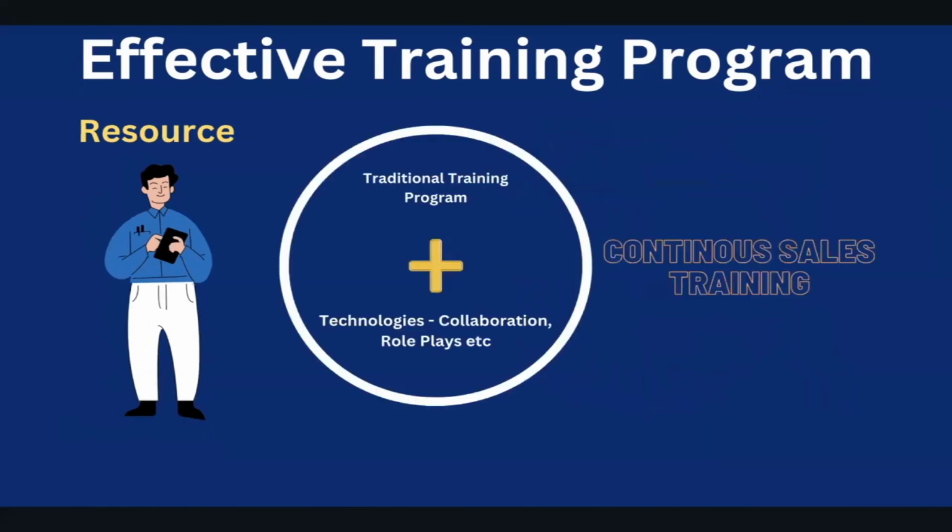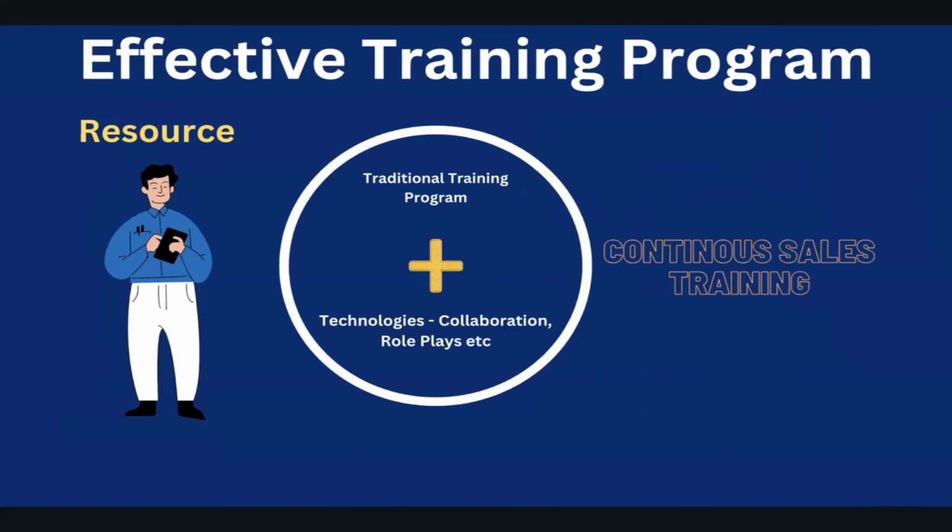Otherwise, these one-shot programs don't give you much benefit because the brain is very leaky when it comes to learning over time. People forget, and even if your brain is not leaky, new information comes in. So a good training program has to really strive for the continuous aspect of it. And when we review our sales training program, we should look at whether we have that amount of continuity.